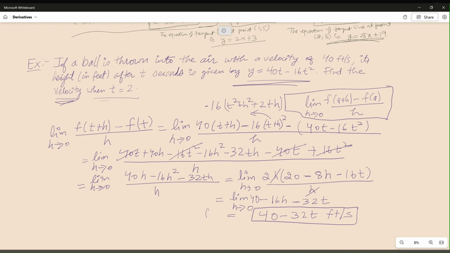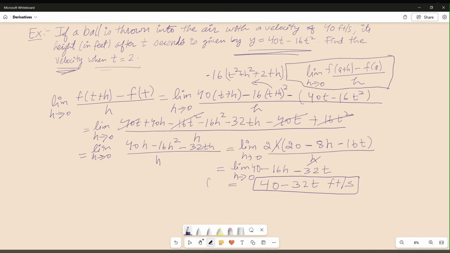Now we've been asked to find the velocity when t is equal to 2.